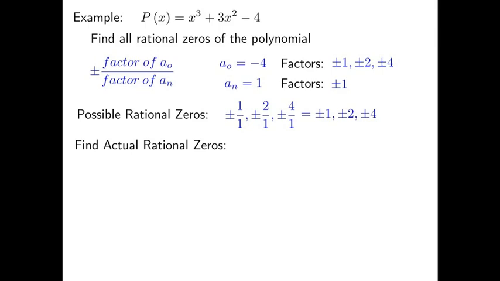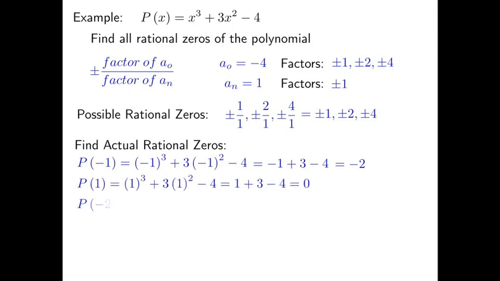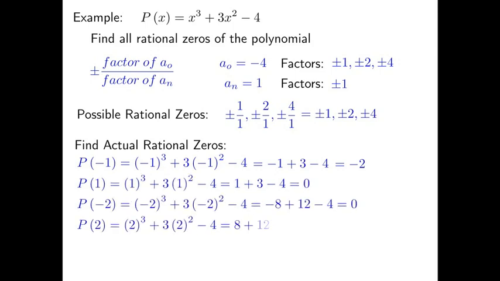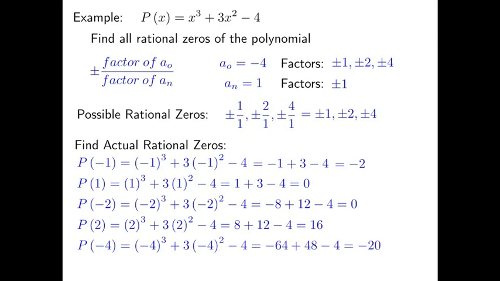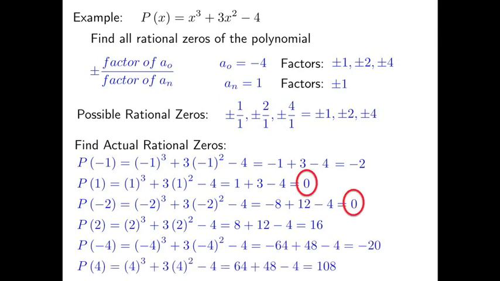So let's find the actual rational zeros of this polynomial p of x. First, let's plug in negative 1. Simplifying, we see that it is not equal to 0. And as we go through these quickly, we find that we have 2 zeros, 1 and negative 2.